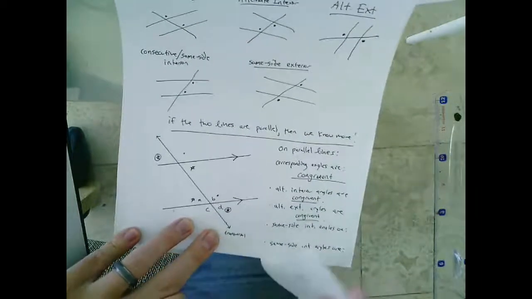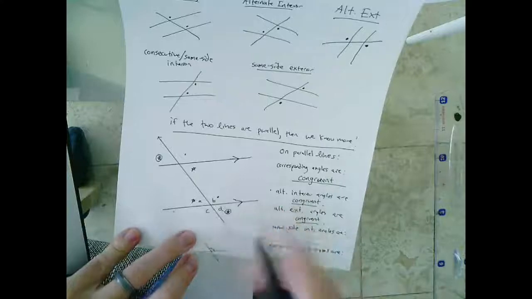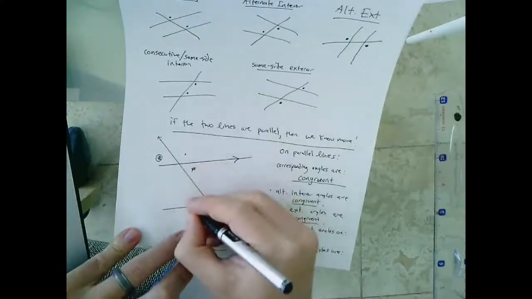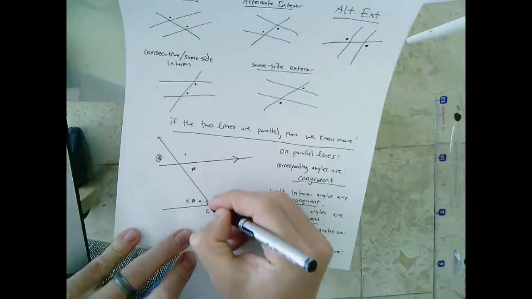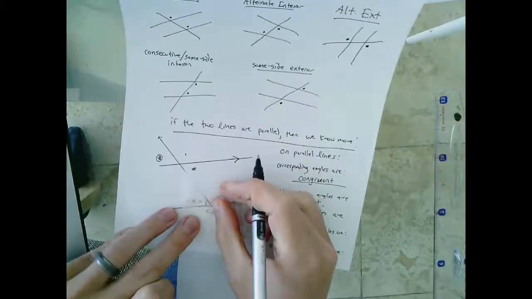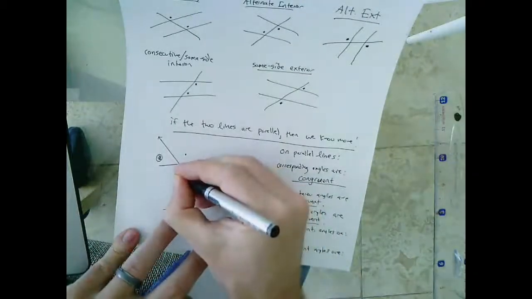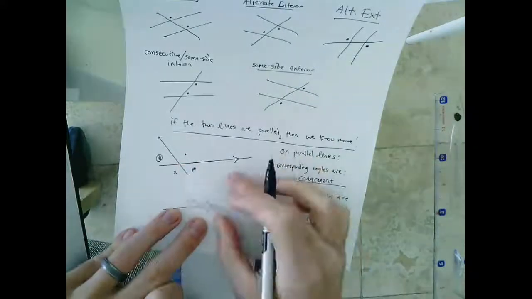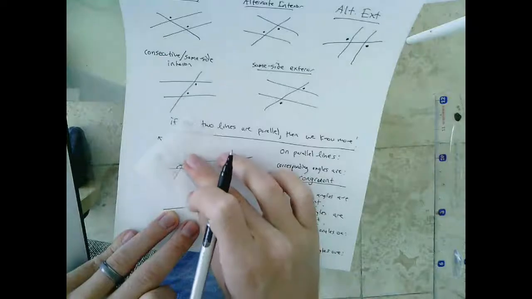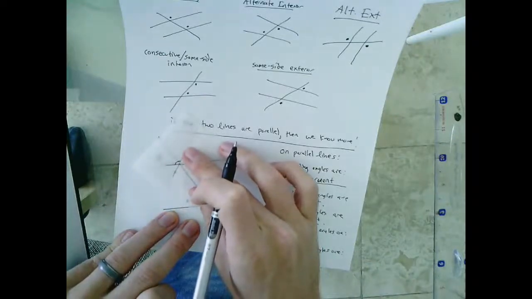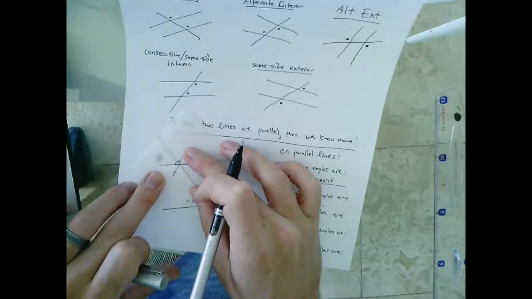Now let's check out our same side interior angles. So that's like A and this guy right here. I'm going to put an X right here. Let's see if this angle is congruent to its same side interior angle right here. I can see that this is not true. These are not congruent angles.